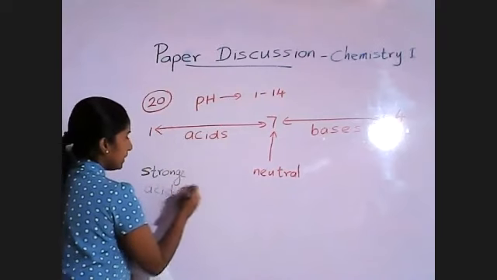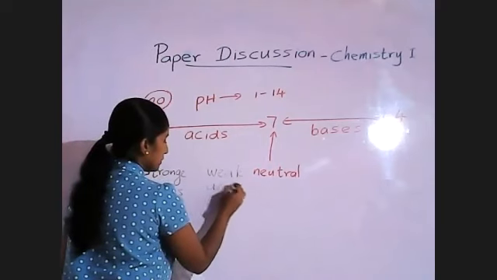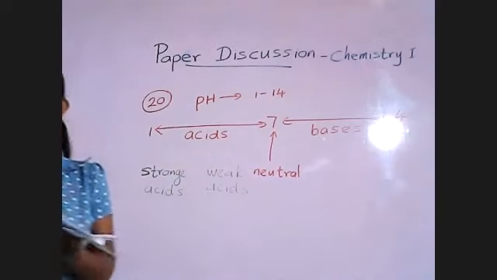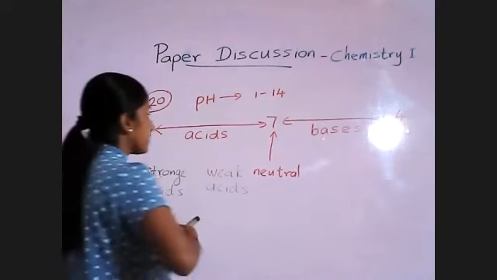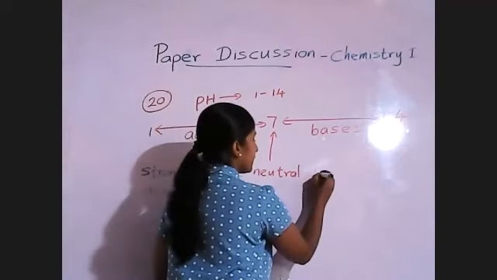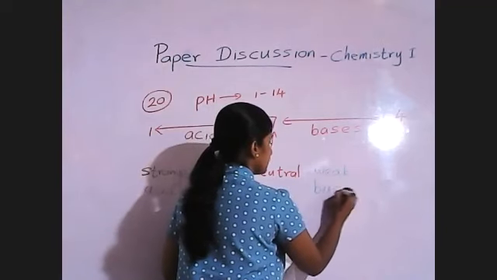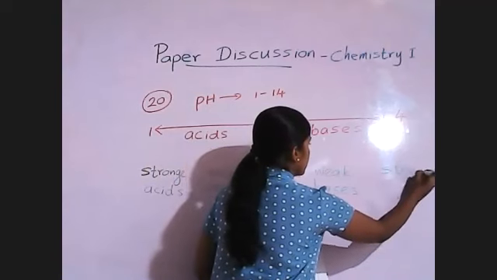Strong acids are here and the weak acids are here. Then what about the bases? In bases, the weak bases are here and the strong bases are here.